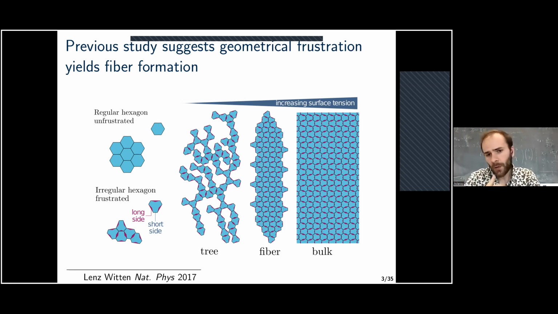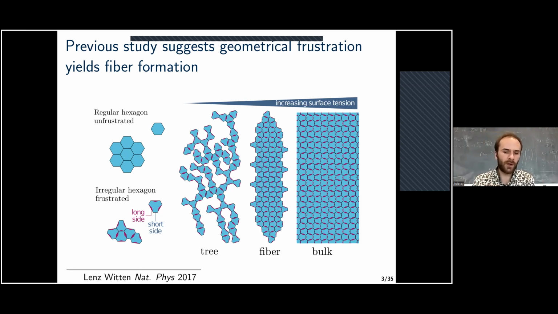Adding short-range attractive interaction to drive the aggregation of this type of particle, you may distinguish two obvious regimes. One where the particles are extremely stiff, hard to deform, or the surface tension is extremely low, where these particles essentially aggregate forming tree-like aggregates, and on the other hand, where surface tension is extremely high, or the particles are very soft, you would create sort of a bulk.